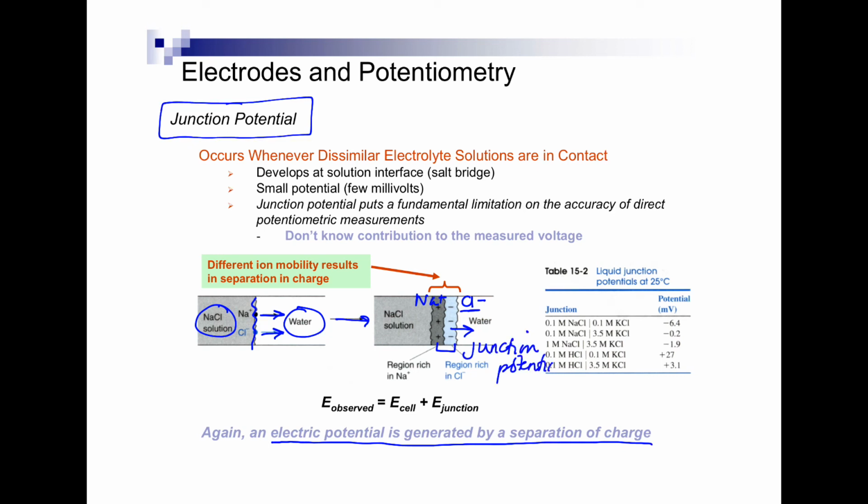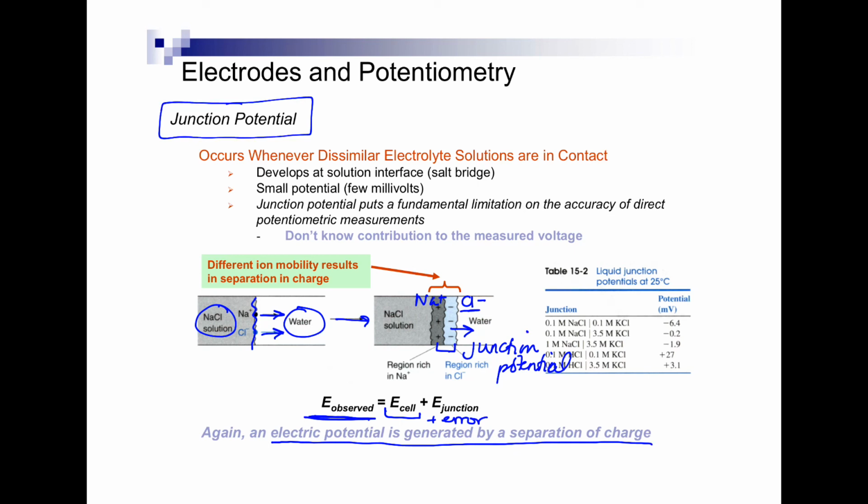And it's something that basically makes our direct potentiometry, our direct voltage readings, a little bit off from what we know they should be. So any voltage that we're going to observe is going to be what's going on in the cell plus this little bit of error, this junction potential, due to that separation of charge.